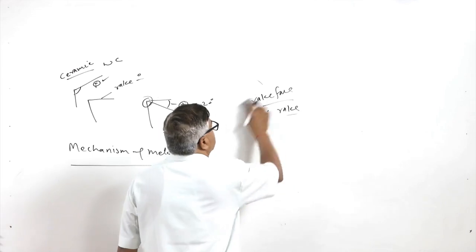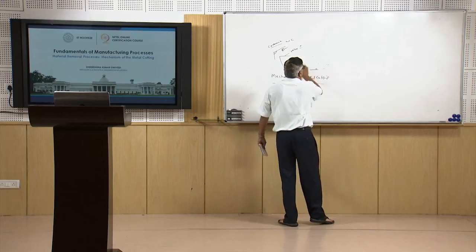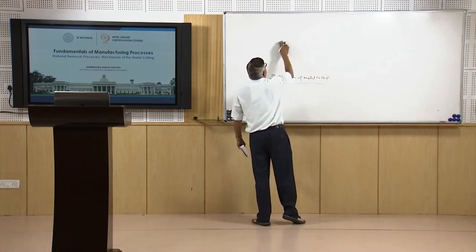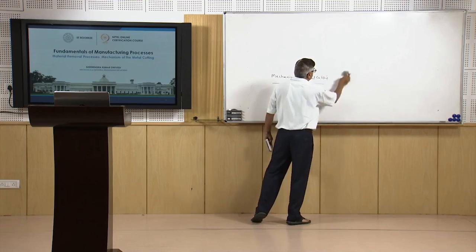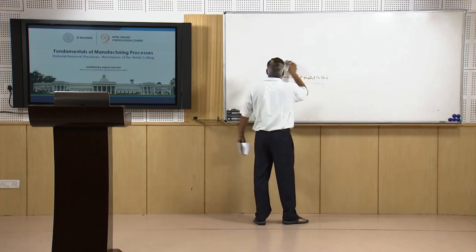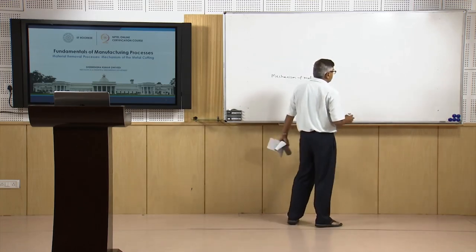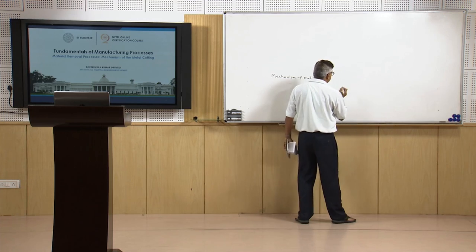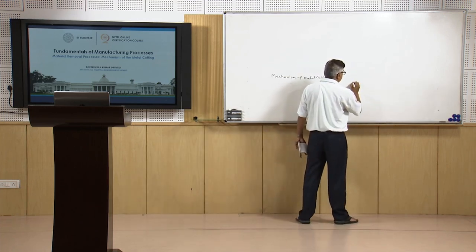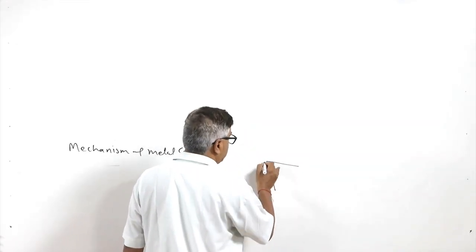So, the different parts of the tools are specified with the help of the different angles and the nose radius. The different parts and angles are expressed like this in the front view.